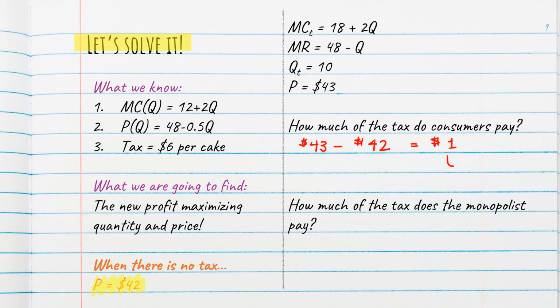From here, we could infer that it must be that the monopolist is paying $5 of the $6 tax.